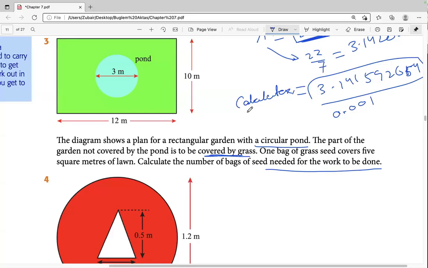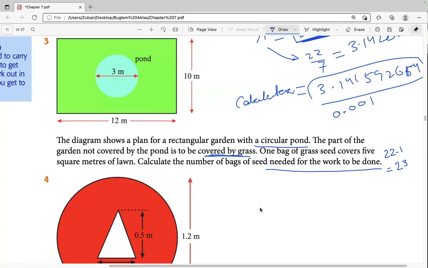Twenty-three. Correct. Okay. I was getting 22.5 and then we converted it into 23. If your answer would have been 22.1, what will you leave as final answer? 22. Why not 23?